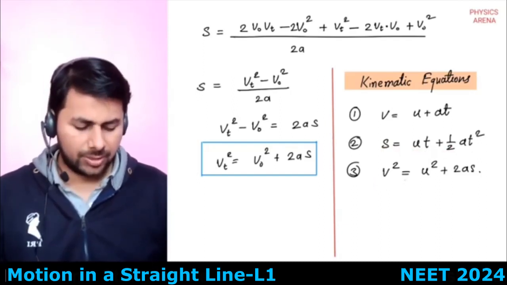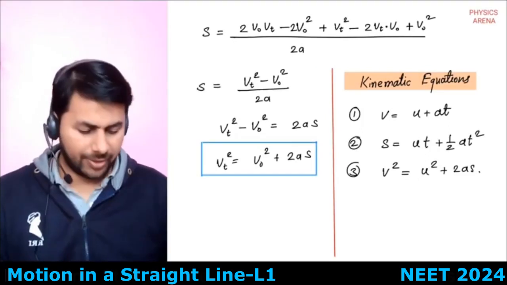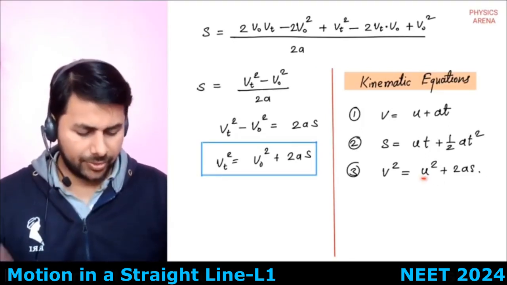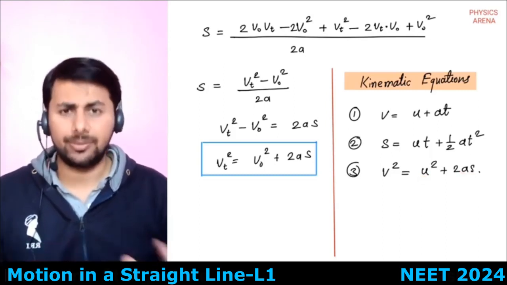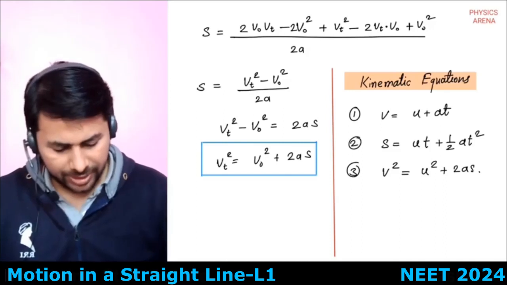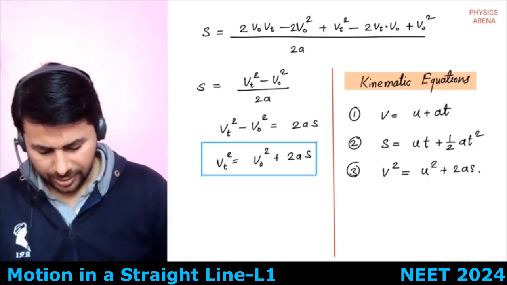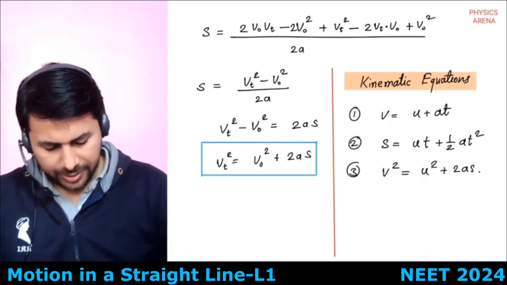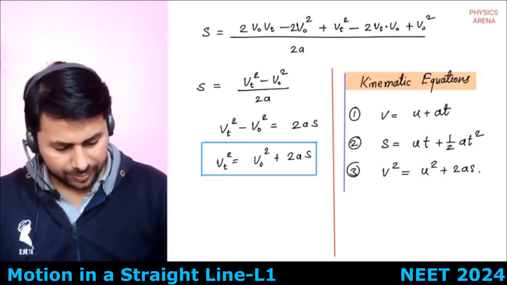And the third one is v square, final velocity square, is equal to u square plus 2as. u is initial velocity, a is acceleration, and s is the displacement. So these are the three kinematic equations, and we have to memorize them.